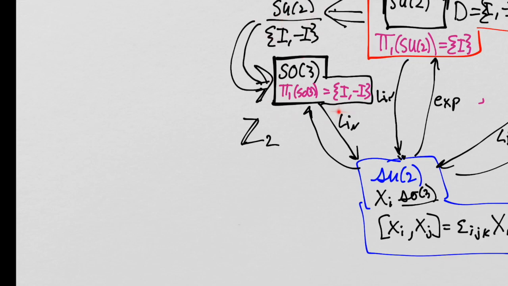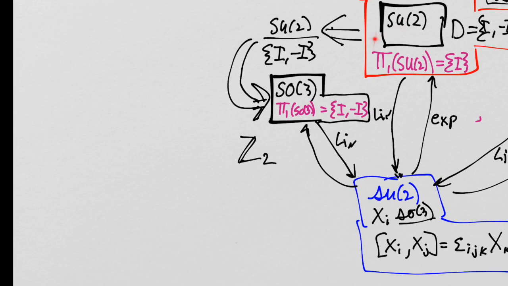We're saying that this is the quotient space of SU2 by its normal subgroup I, minus I. Well, a quotient space is a set of cosets, right? So I need to create all of the cosets of SU2 that exist with the normal subgroup I, minus I. So I'm going to partition SU2, and I'll just redraw it here.